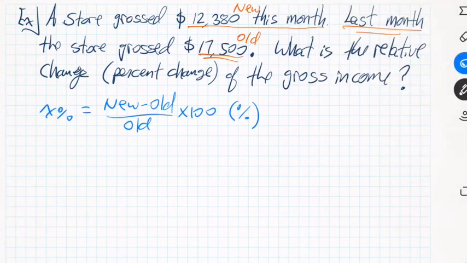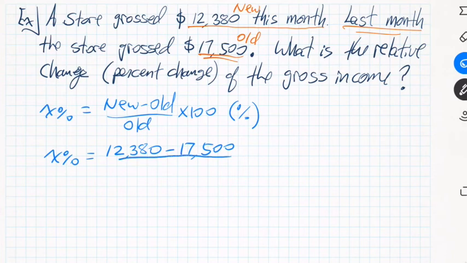So here we go. x percent is equal to the new value of 12,380 minus 17,500 for the old value. And it's really important that you get the old value correct, because that's also what you divide by. And then we're going to times that by 100, change it to a percent.